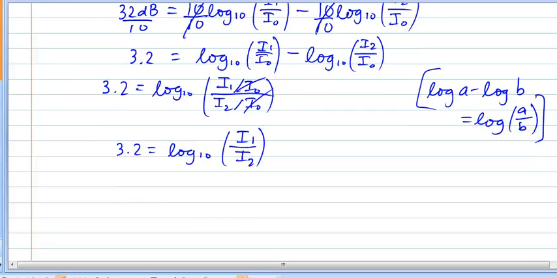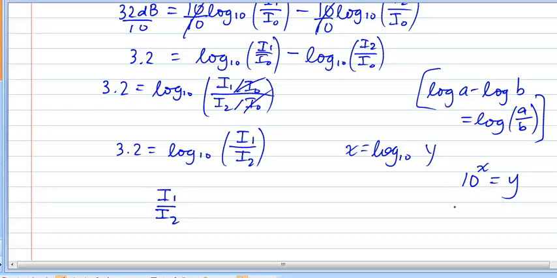Well, how much greater? In order to answer that, we want to actually solve this for the ratio I1 over I2. Now, if you remember that I was talking about x equals the log base 10 of y, that really means that 10 to the x equals y. Well, we can reverse that as well. In order to undo the logarithm, I simply raise 10 to that power.